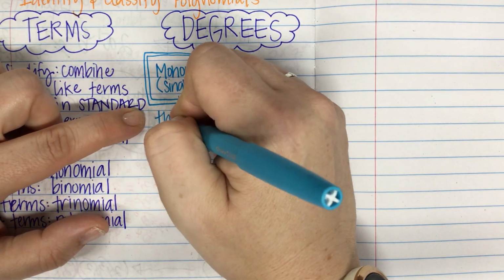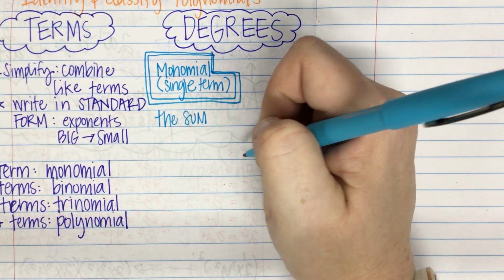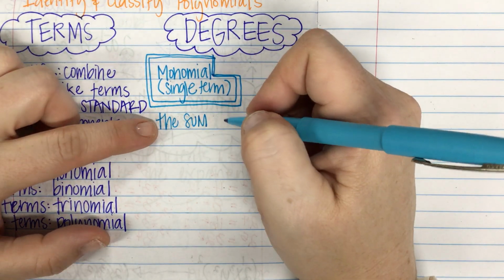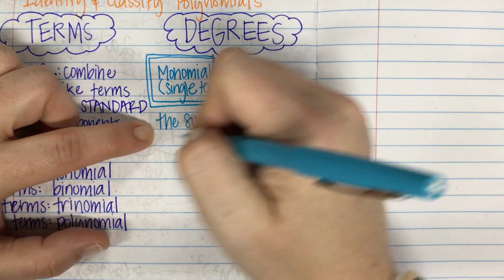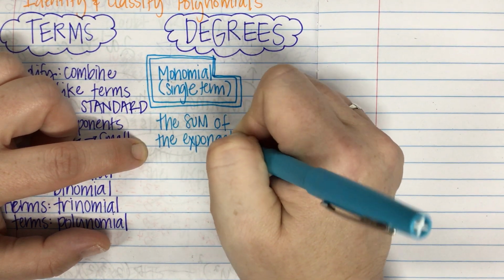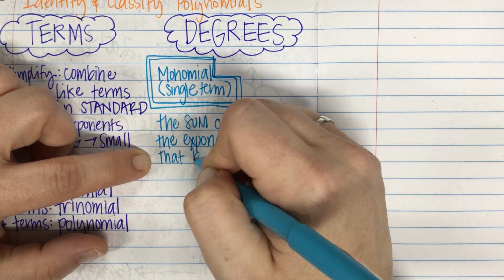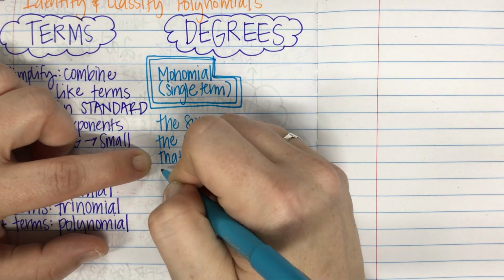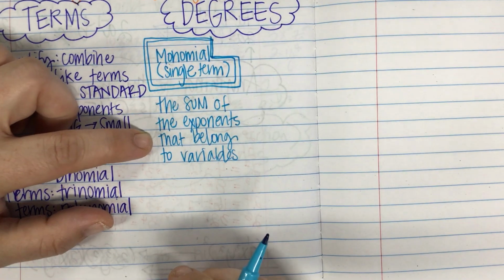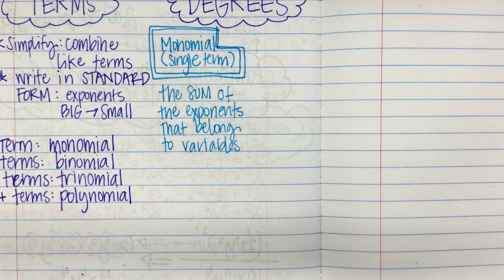It's the sum. What does it mean to find the sum? Add. The sum of the exponents that belong to variables.